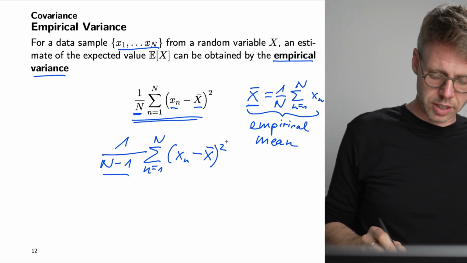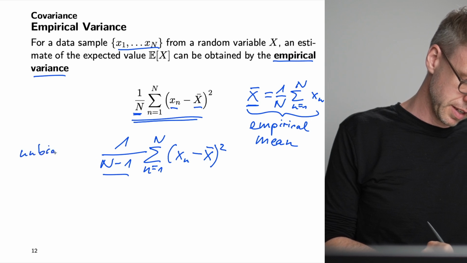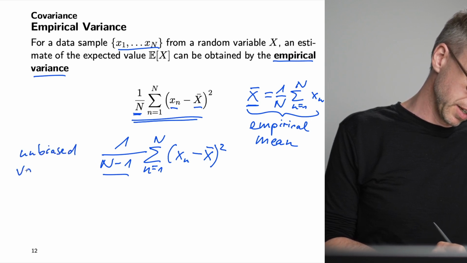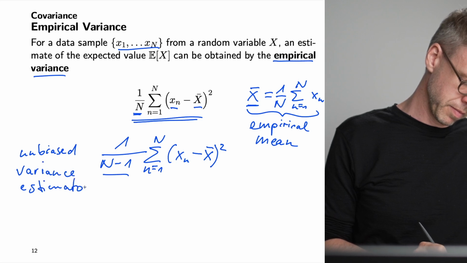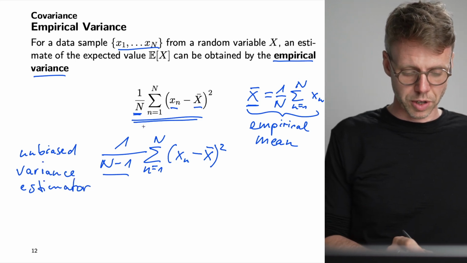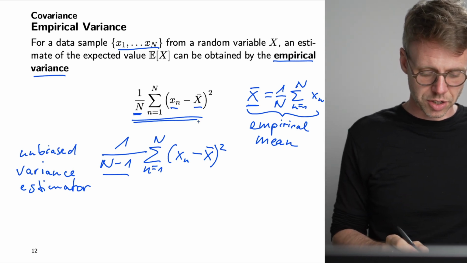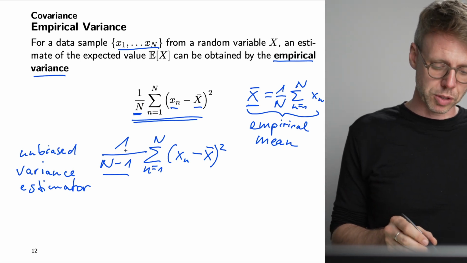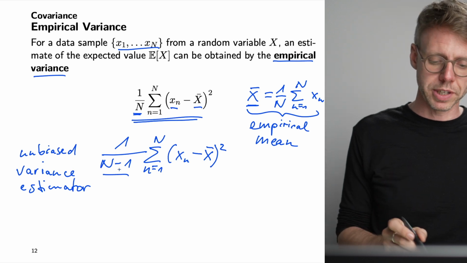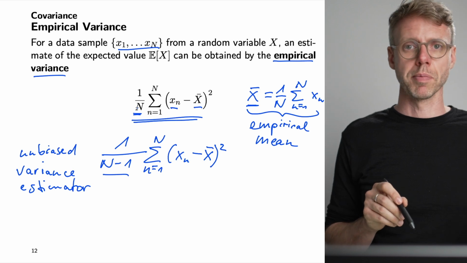So this is the so-called unbiased variance estimator, and this is the so-called empirical variance. Now, if n is sufficiently large, then they will be almost identical and it doesn't matter. But for small sample sizes, these might be different from each other, but they're both commonly used.